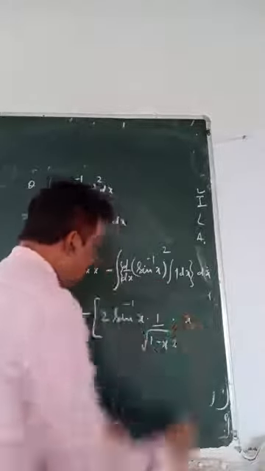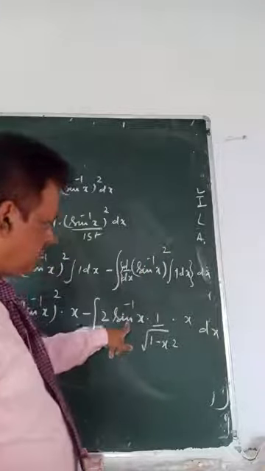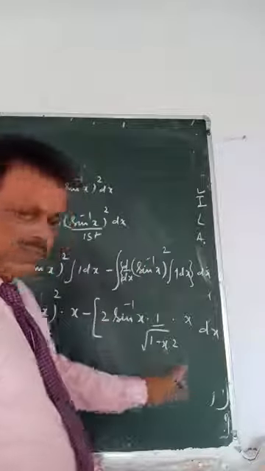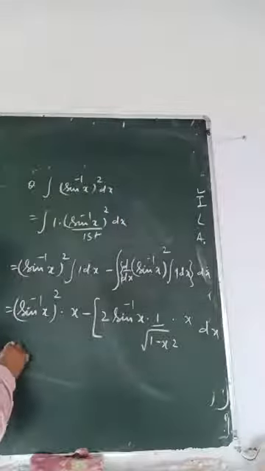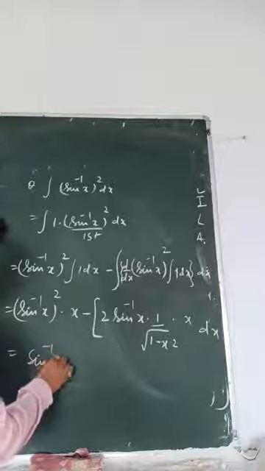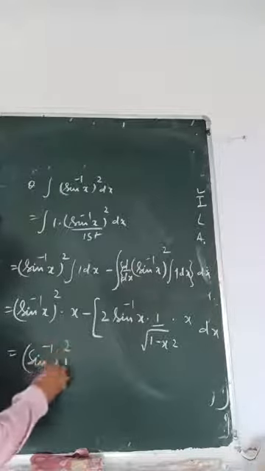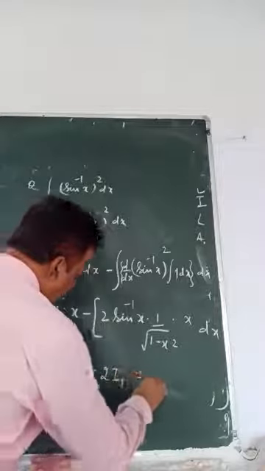Look at here, it became so complicated now for you. Sin inverse x is there, x is there, 1 by x square is there. So let's write this one as I1. This is I equals sin inverse x whole square into x minus 2 I1.